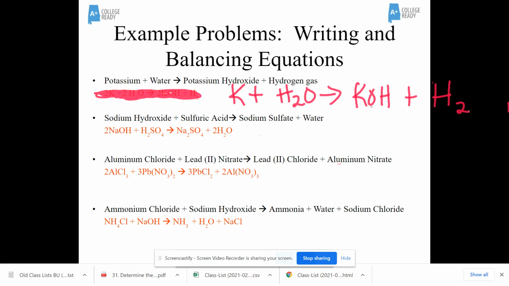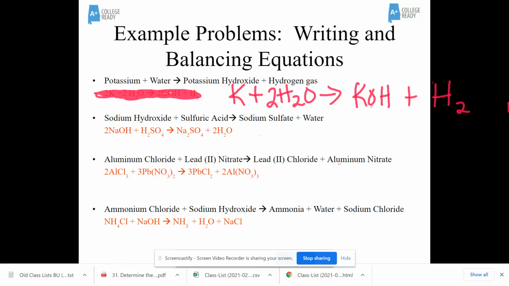So if I want to balance out the hydrogens, what do I put in front of the H's to get the same number on both sides? I put a 2 where? In front of which one? H2O, let's put a 2 here. If I do that, I now have 4 hydrogens on the left and 3 on the right.